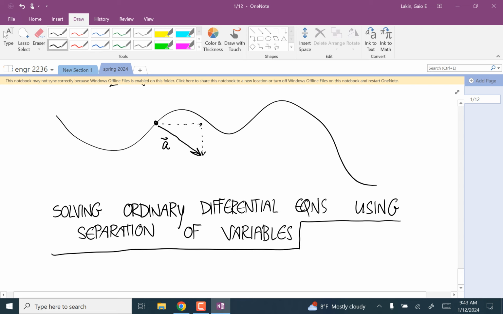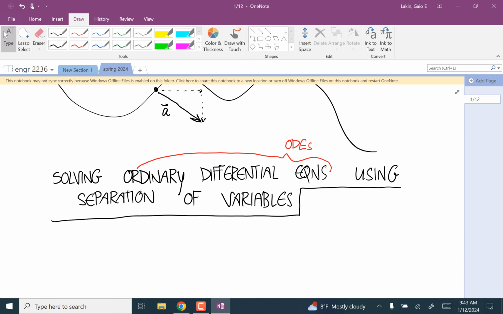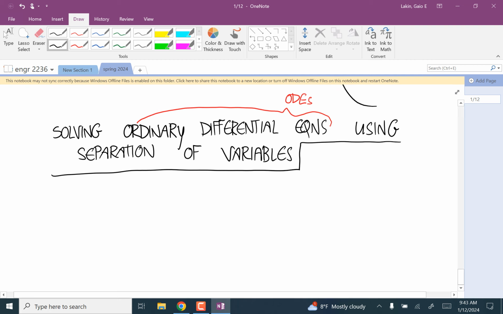Okay, so ordinary differential equations, I'm going to abbreviate ODEs. The first thing is, what does it mean to solve a differential equation?